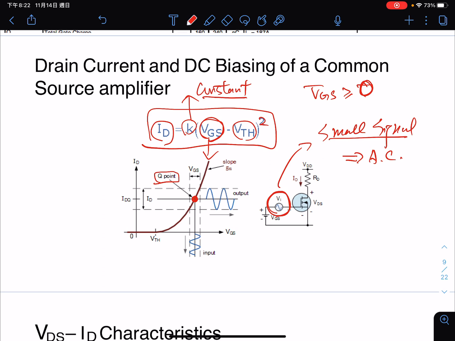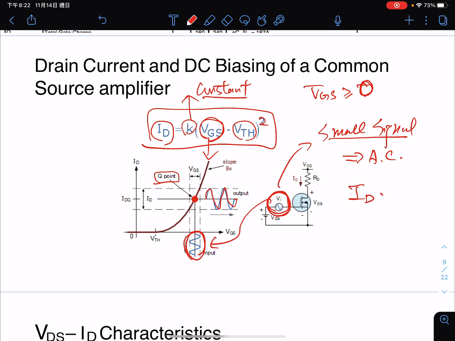And as we can see, because the MOSFET is a voltage control current source, if the input here is a very small signal, we can produce a drain current something like this. And this is the drain current ID.